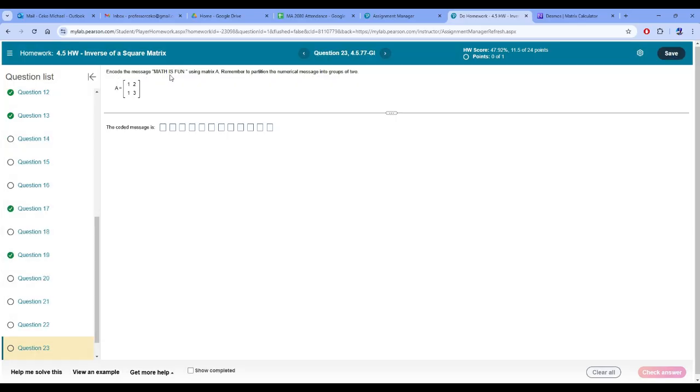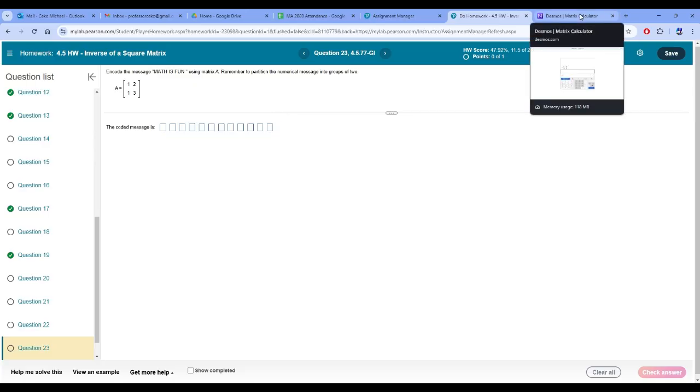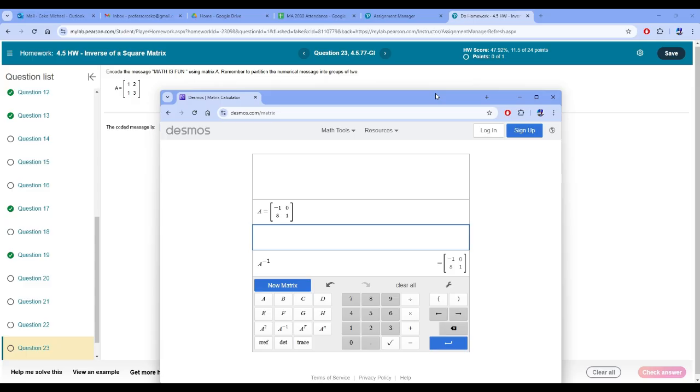Encode the message math is fun using the matrix A. Remember to partition the numerical message in groups of 2. I know how to do this. I'm just trying to figure out the best way to do this. Let's do a matrix calculator.